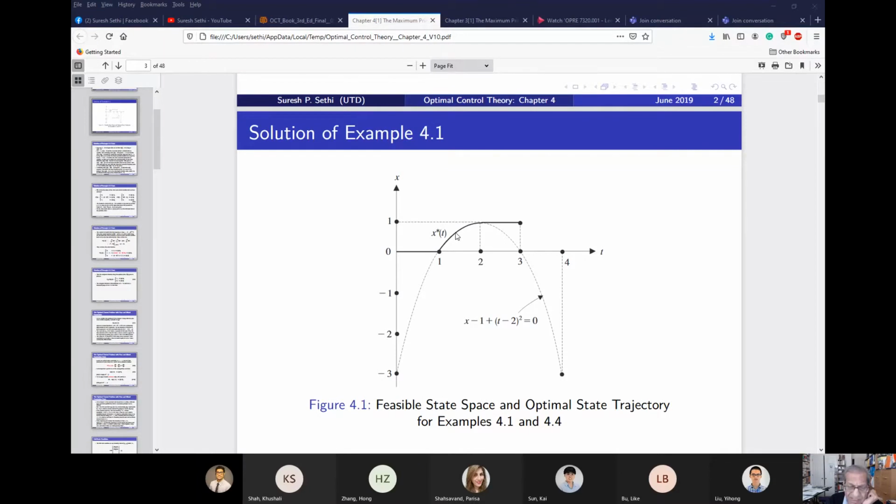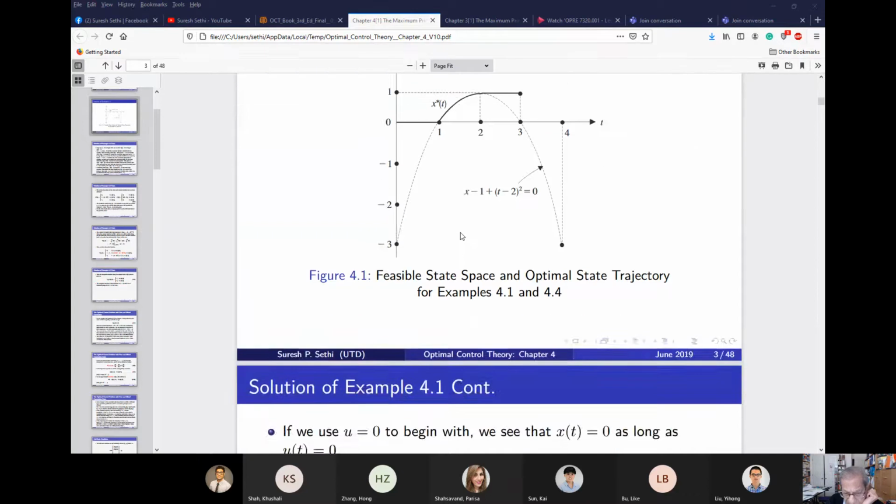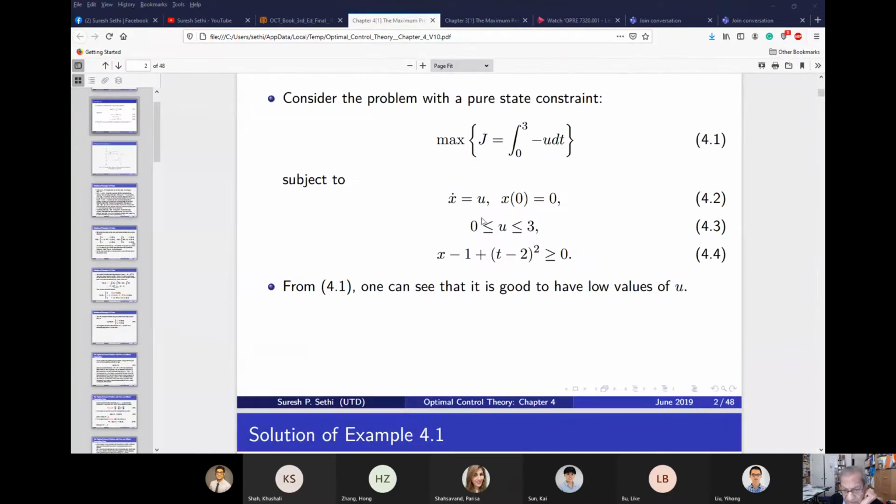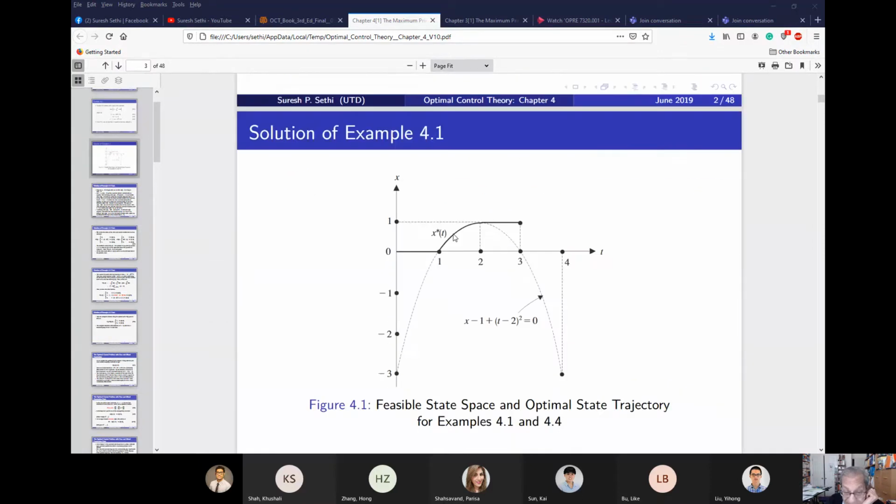Well, it's an unusual case, but it can happen because, suppose these other constraints, there could be another constraint, G of x, u, t, that becomes active at some boundary point here. Then you could actually have a jump also here.